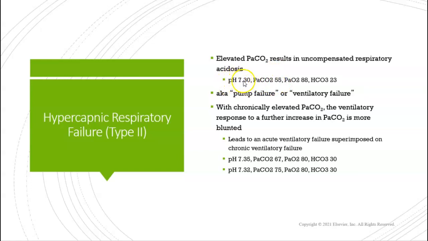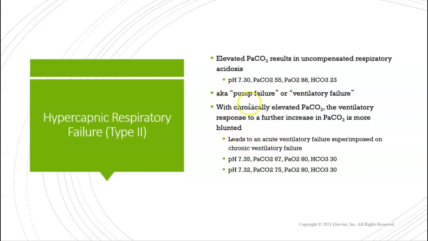You see that pH of 7.30, which you should identify as acidotic. The acidosis is being caused by this elevated CO2 of 55. And it's uncompensated because my bicarb is still within a normal limit. This would be classified as uncompensated respiratory acidosis with normal oximetry, with that PaO2 being above 80.